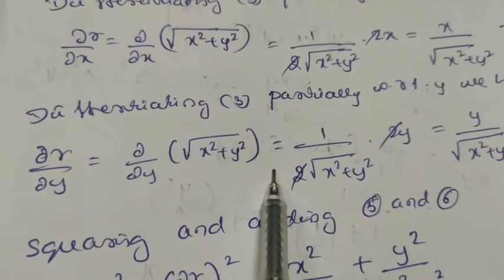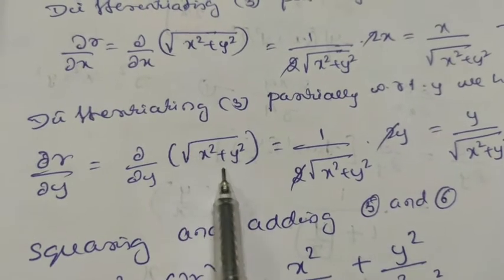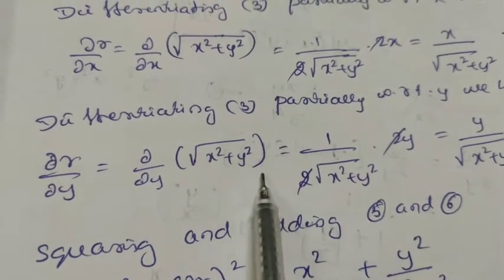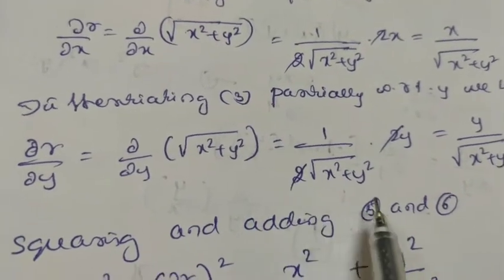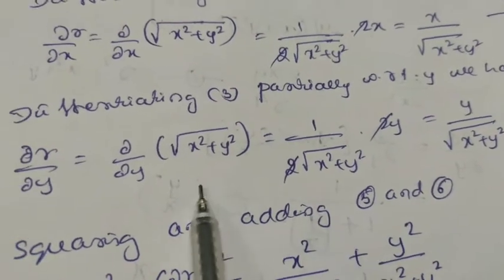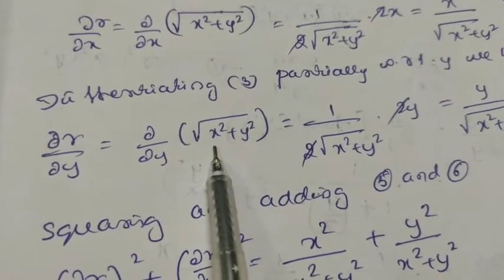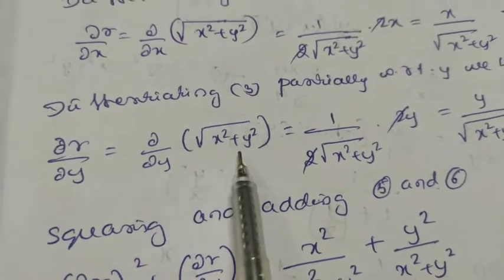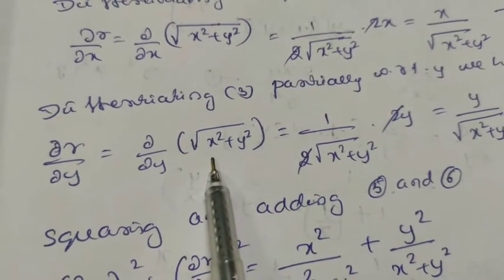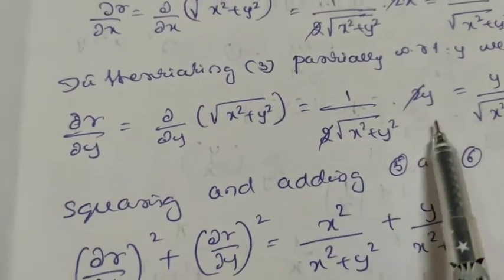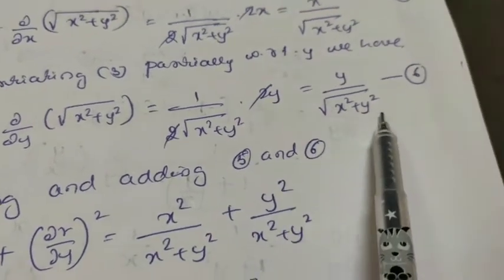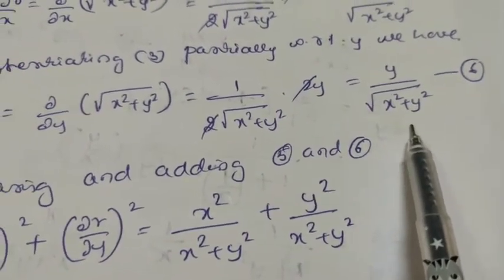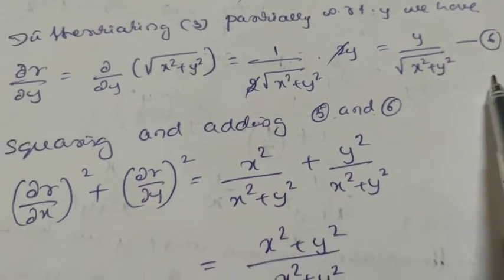We know the derivative of root x is 1 by 2 root x. So it is 1 divided by 2 into under root of x square plus y square, into the partial derivative of x square plus y square with respect to y, which is 2y, because derivative of x square is 0. 0 plus 2y is 2y. So it is equal to y divided by under root of x square plus y square. Take this as equation number 6.